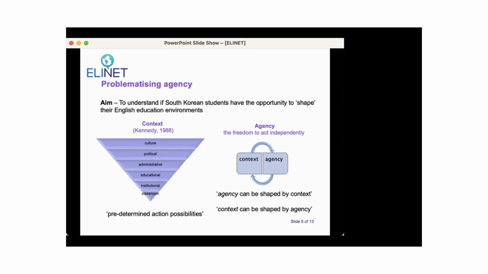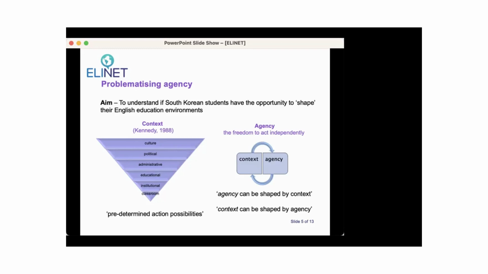Consequently, students are given predetermined action possibilities, which are set in advance by the operating past constraints within the upper systems of the environment, and not by the present classroom agents. Therefore, if students are acting on predetermined action possibilities, their acting potential is being shaped by the constraints instead of them shaping it. Agency for the purposes of my study is understood as the freedom to act independently.